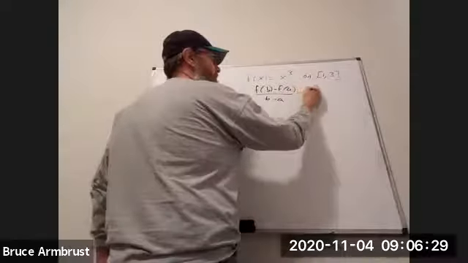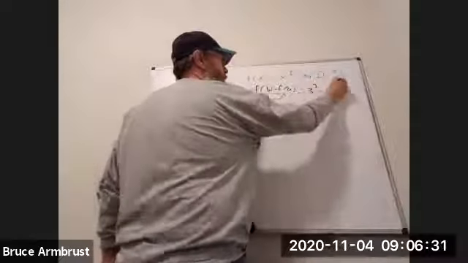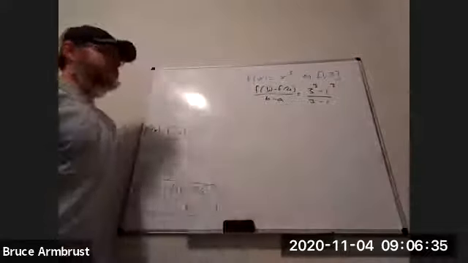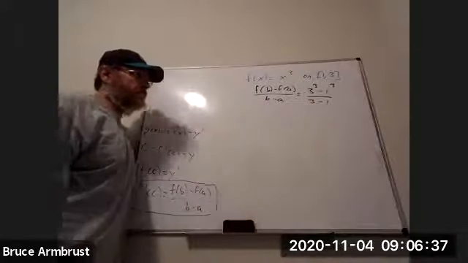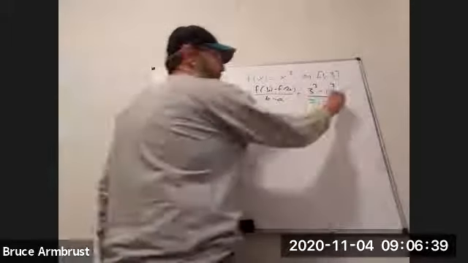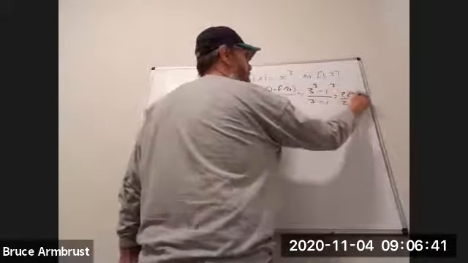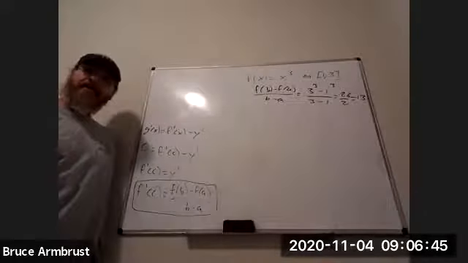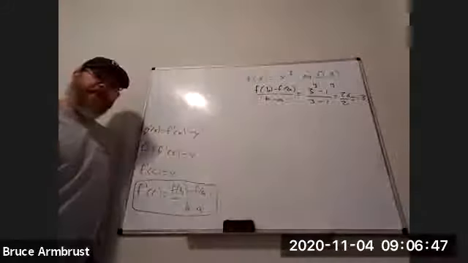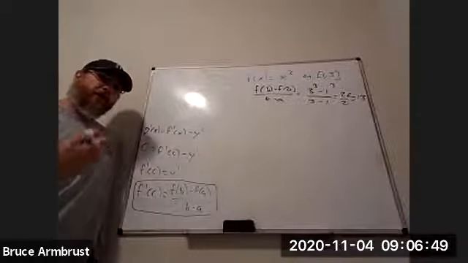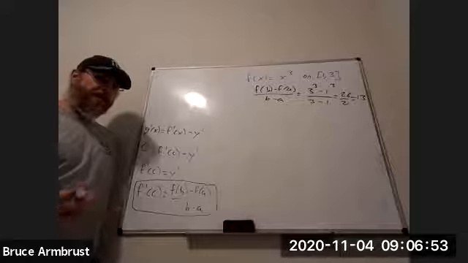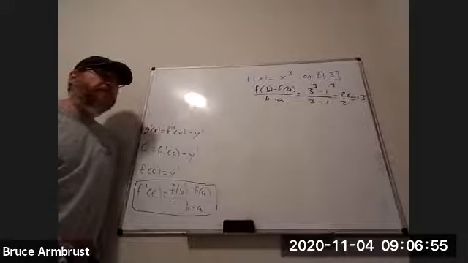All right, so this is going to be 3 cubed minus 1 cubed over 3 minus 1, which is 26 over 2, or 13. Okay, so that's the slope of the secant line between 1 and 3. It's the average rate of change on this function from 1 to 3.